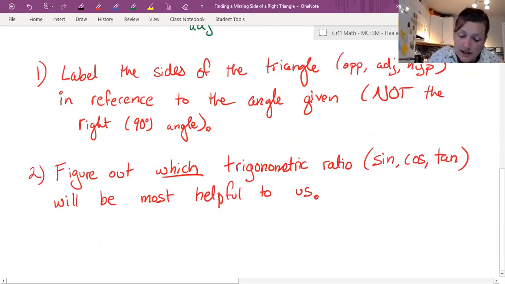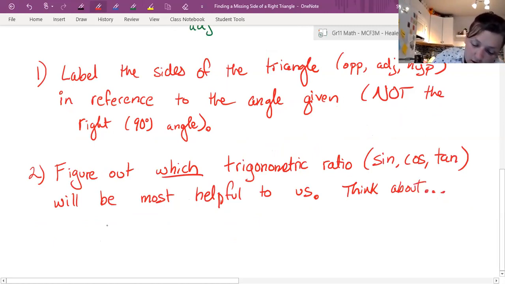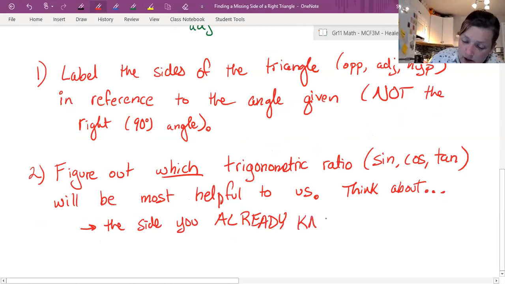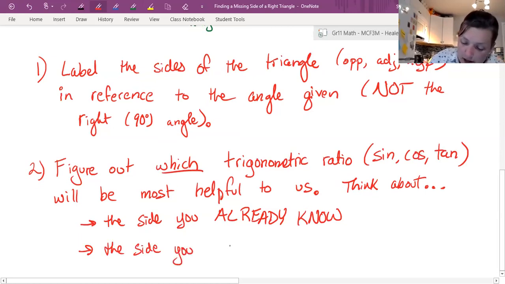So what we do is two things. I'll do this up here. Think about the side you already know, and the side you want to find.